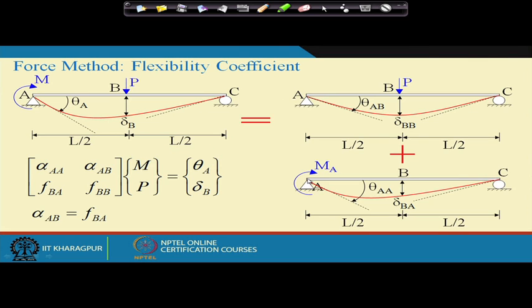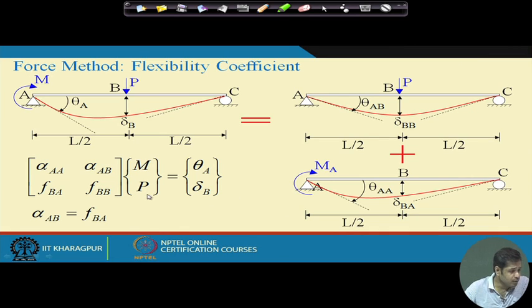If you remember, in the last class we stopped at this slide, where we introduced the force method, and finally we arrived at this force displacement relation. In this case, the forces are a moment applied at A and a concentrated load applied at P, and the displacements are theta A, the rotation at A, and delta B, the displacement at point P. And this is the relation.